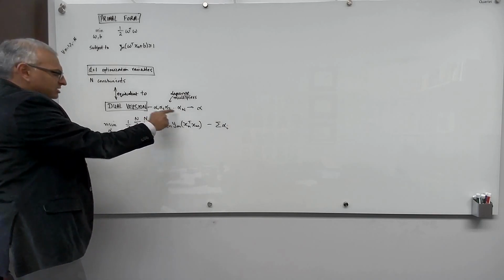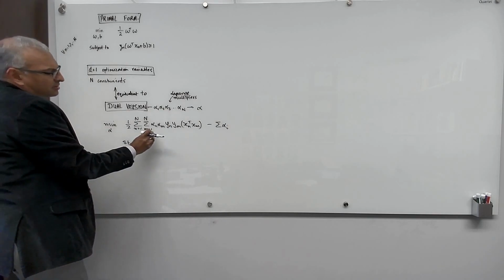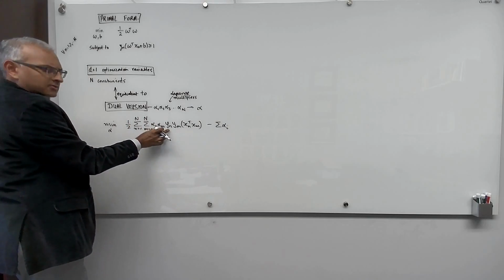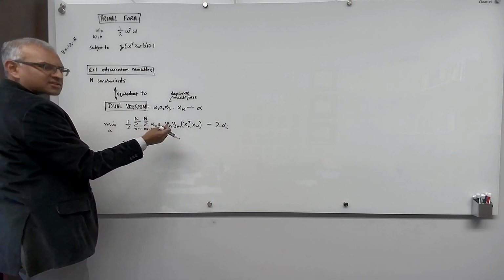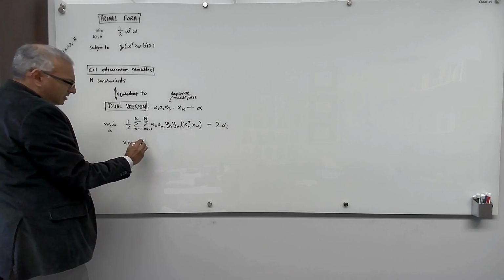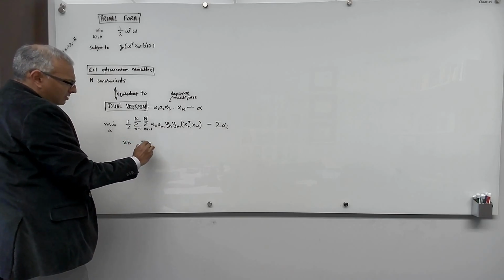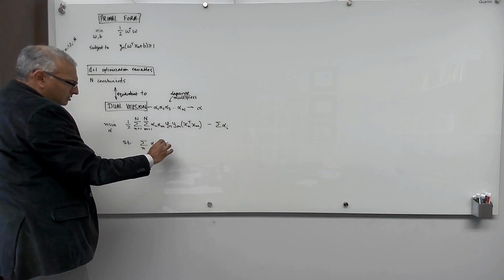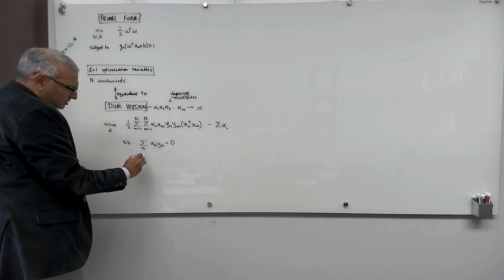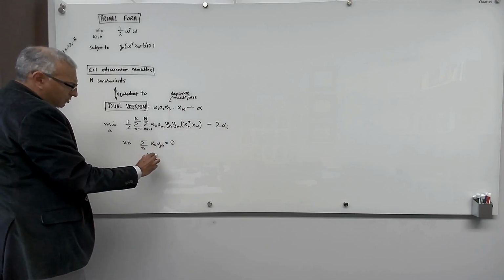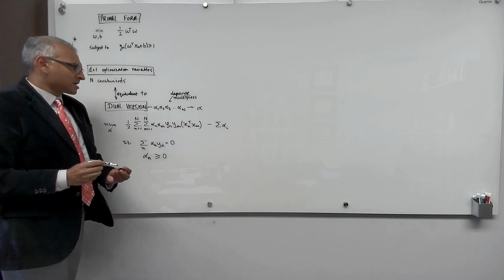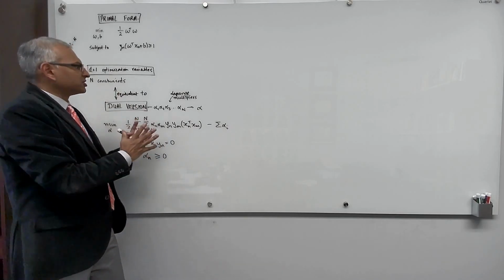the Lagrange multipliers being positive, and in some sense they must sum to 1. Well, technically speaking, a signed version of that. So such that the sum over n of alpha n yn is equal to 0, and the alpha n are all non-negative. So this is the dual version of that problem.